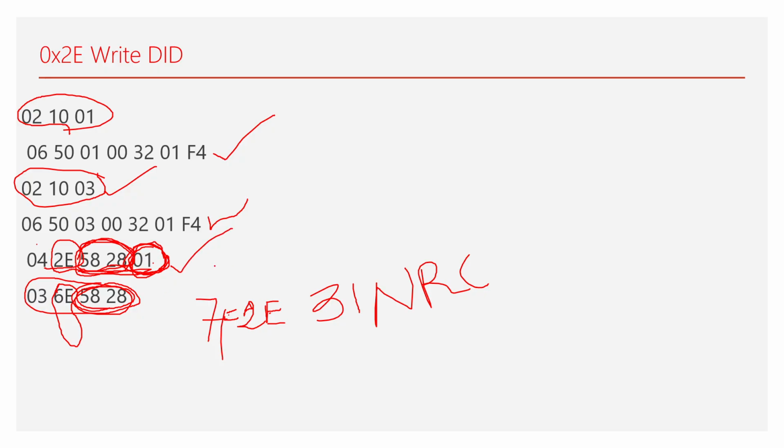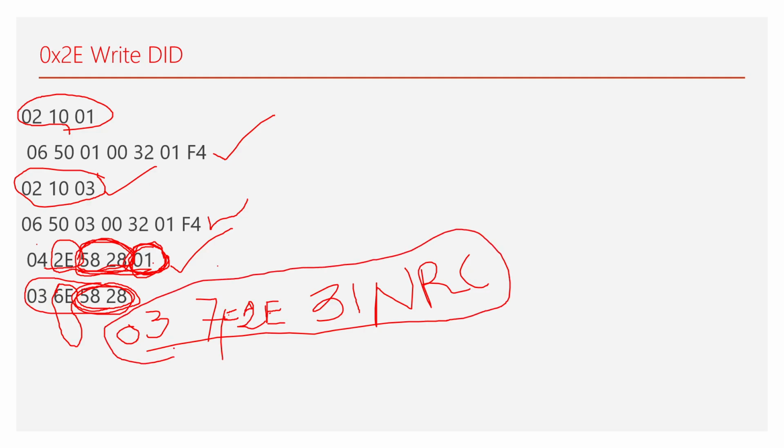So that's why we will get this. See here, what are the DLC? 1, 2, 3. So this is the DLC we will get. This is the negative output from the ECU. If the data is not presented, we will get this output.